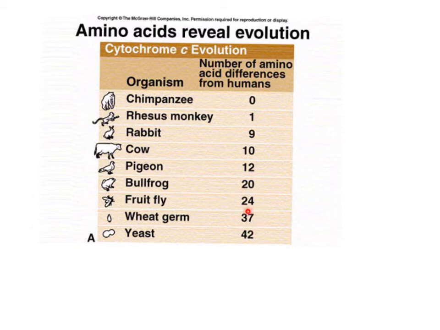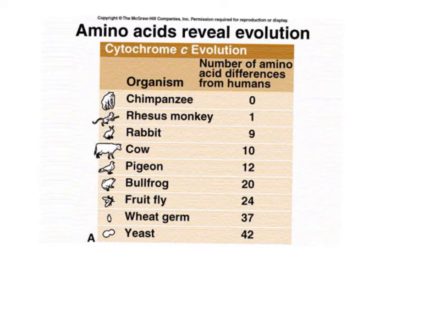Okay, insects, which are still animals like ourselves, but obviously very different from mammals, are 24. Okay, so that shows the difference in amino acid structure of cytochrome oxidase, and the more distantly related the organism is to us, the more different their cytochrome oxidase is.